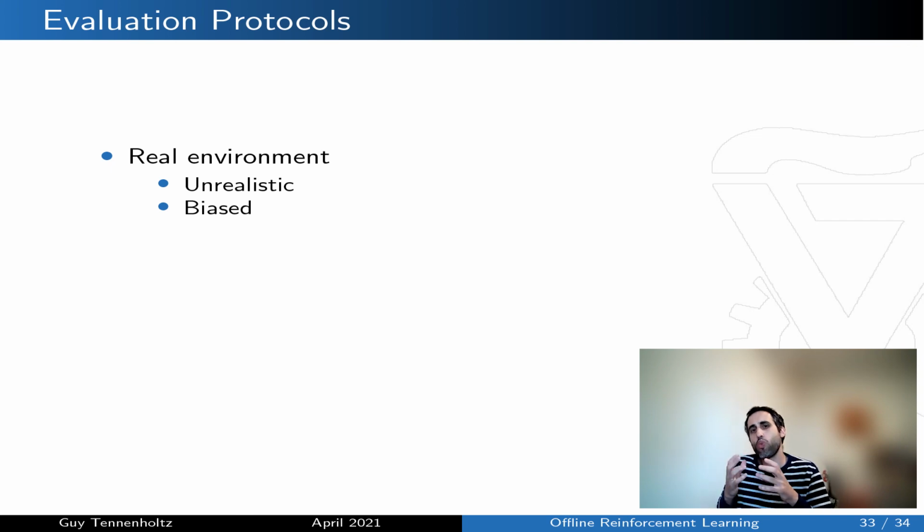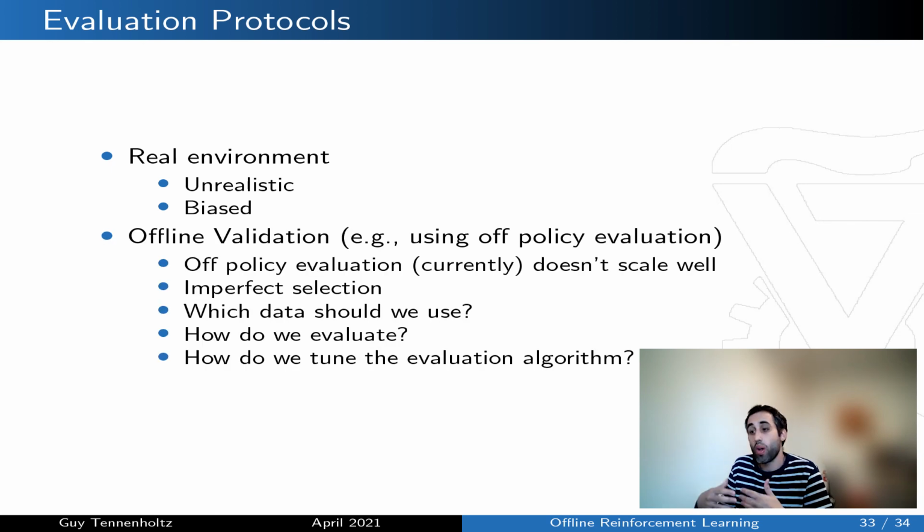So we might want to find methods for evaluating or validating our algorithms in an offline manner, using our offline data. One way to do this is using off-policy evaluation. I remind you that off-policy evaluation is the process of finding the value of a given policy using the data that was generated by the behavioral policy. The problem is that off-policy evaluation algorithms currently don't really scale that well.